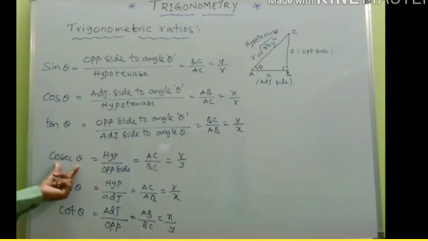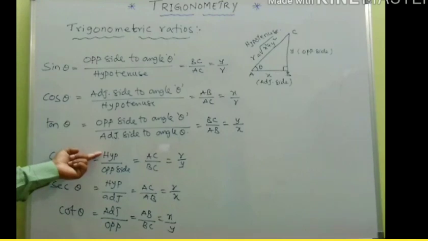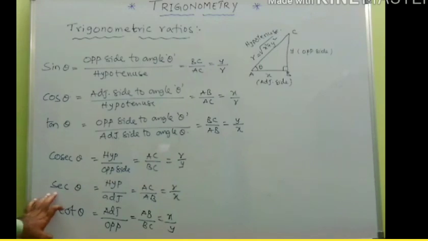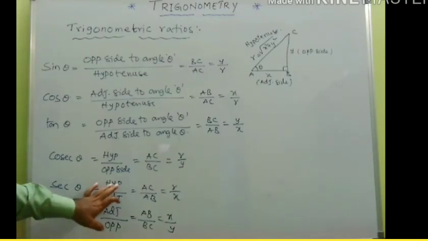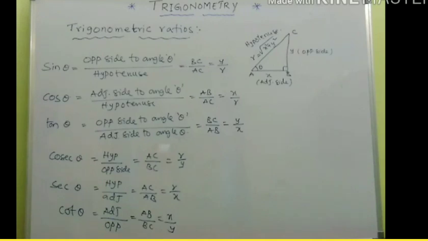And cosecant theta, shortly we write it as cosec theta, is the ratio between hypotenuse and opposite side to angle theta, and secant theta is equal to hypotenuse by adjacent side, shortly sec theta. And cot theta is the ratio between adjacent side and opposite side.